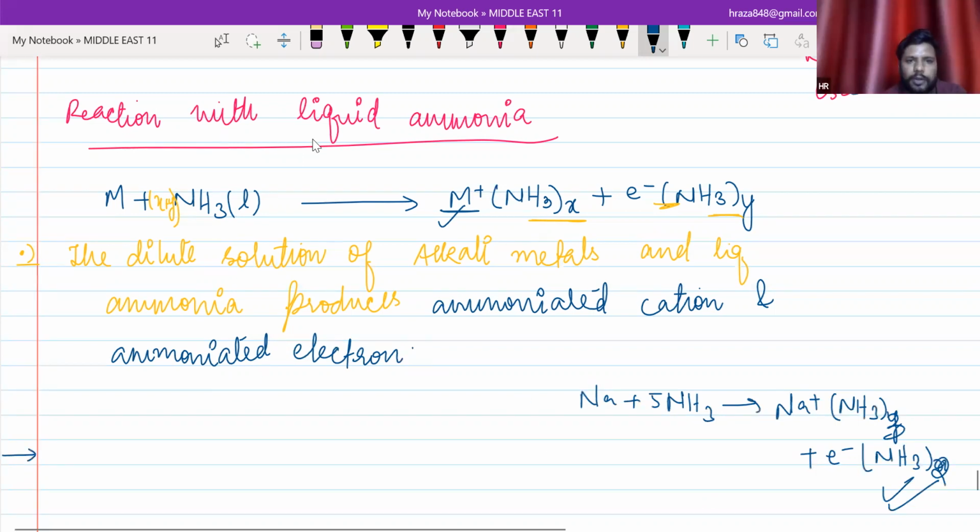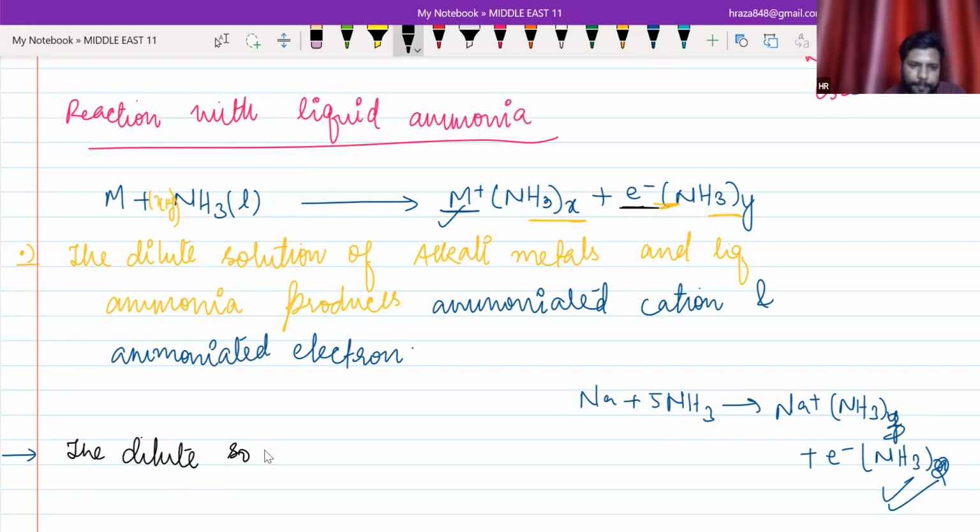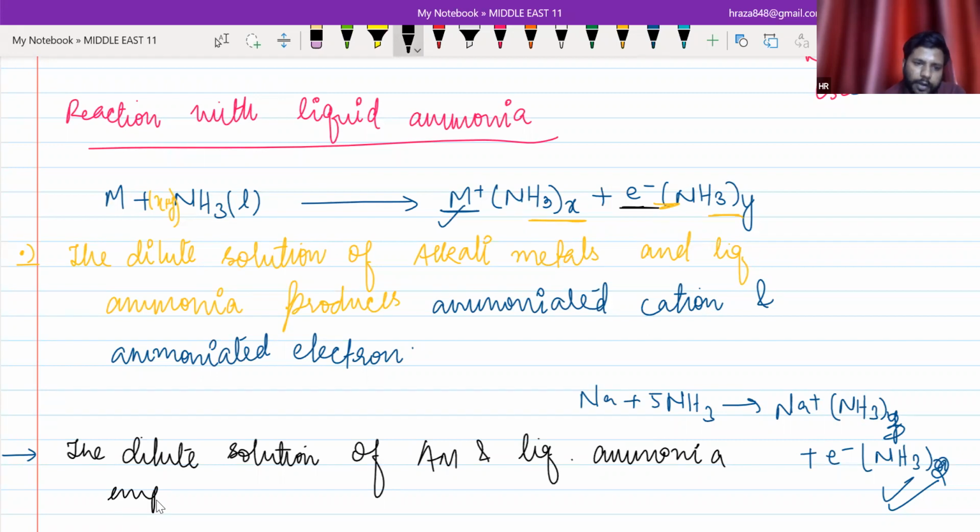Another important point about this is that the solution is colored because of this ammoniated electron. So I'm going to write: the dilute solution of alkali metal and liquid ammonia imparts blue color.